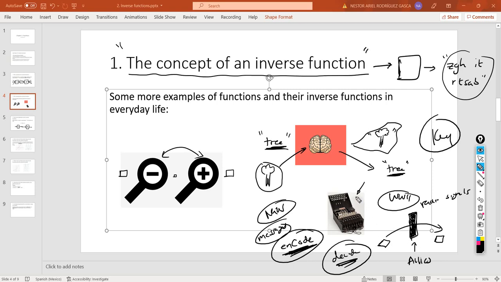Using pure mathematics, he could find how this thing worked, and basically he broke the code of the Germans, and that's basically how they won World War II. Very interesting stuff. So the concept of a function and the inverse function is everywhere, guys. Just think about it, and you will find functions and their inverse in many places.